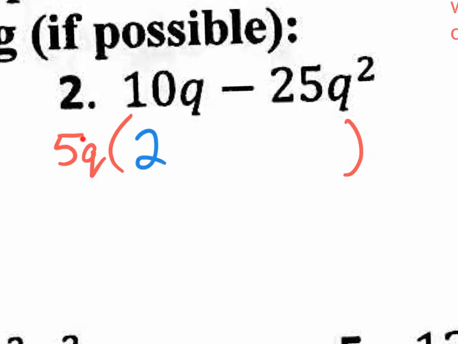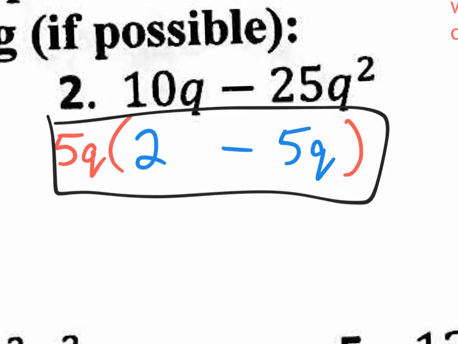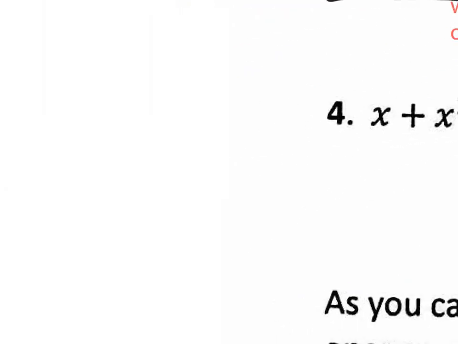And then over here, 5Q times what will get you a negative 25Q? A negative 5. So let's go negative 5. And that's it. You factored. We're done. Now let's say you weren't too sure about that. What could you do to double check? You could actually distribute and see if it does give you the above answer, which it does. Let's move on to number 3.